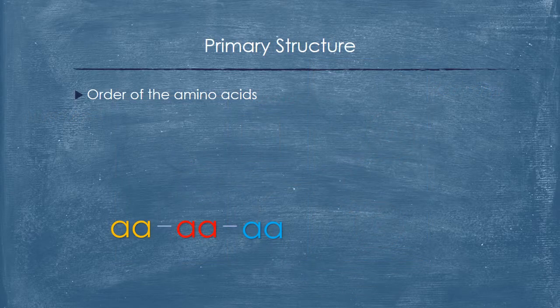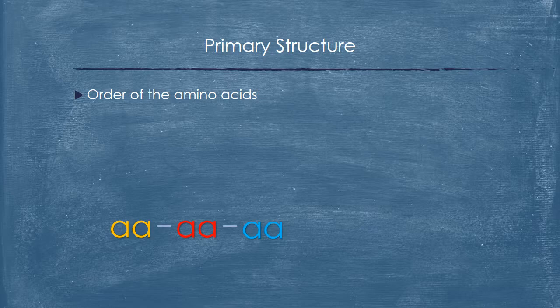So the first structure I'm going to be talking to you about is primary structure, and what primary structure signifies is the order of the amino acids in a polypeptide. So here I color coded three amino acids. We have the yellow, the red, and the blue.